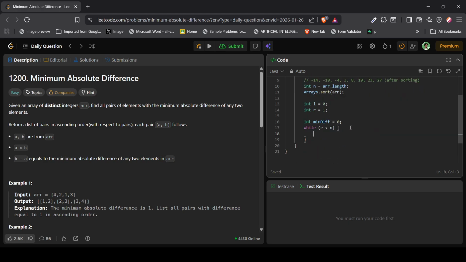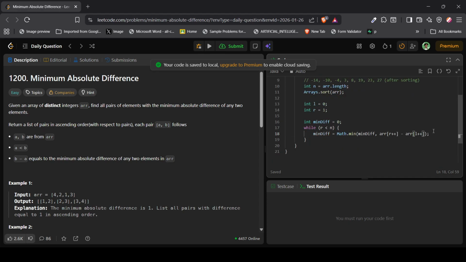How can we find the min difference? So the min difference can, at minimum, be 1. So yeah, we'll check min diff equals to min diff minus arr r minus arr l, and every time it will be r plus plus and l plus plus, right?